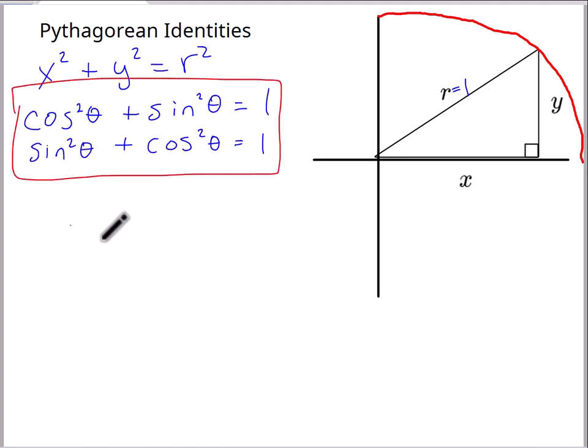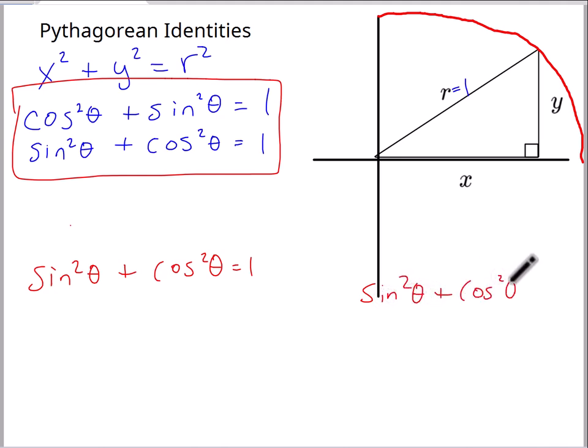The way that we get to the other options is taking sine squared plus cosine squared and dividing them by sine squared or cosine squared. So on this one, we're going to divide by sine squared. Everything in the equation is getting divided by sine squared.